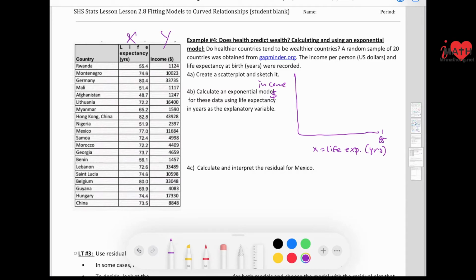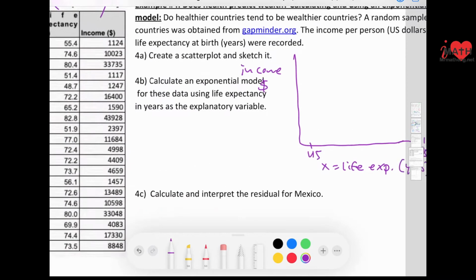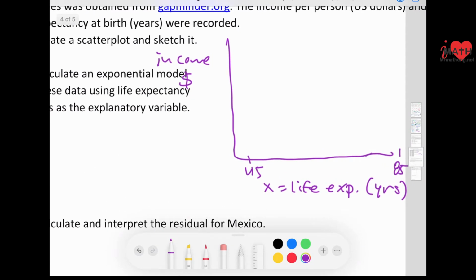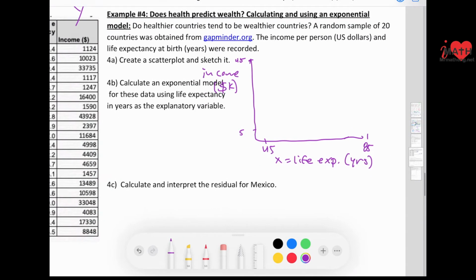And I see a minimum of above the 45s. And then for income, I see a minimum of maybe, I'll count by 5s. I see a max of maybe 45. And those are measured in dollars of thousands. Okay, it means thousands, okay? And my data, if you just do it kind of quickly, kind of looks something like this.